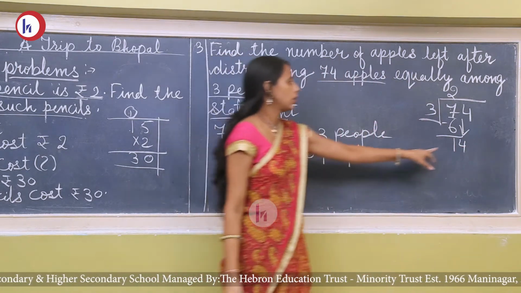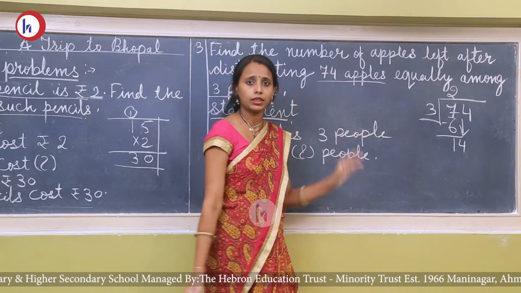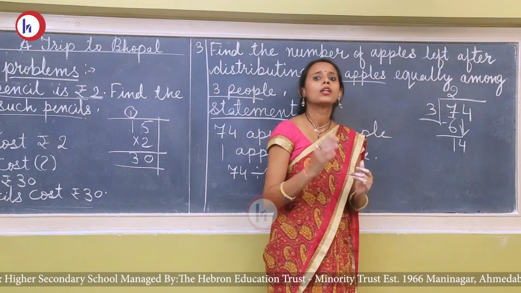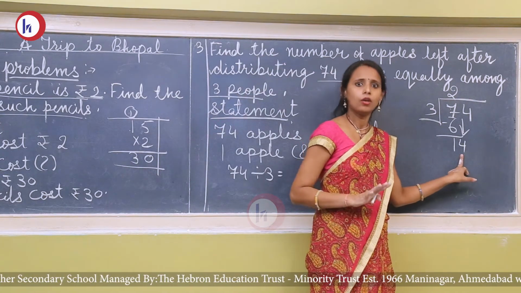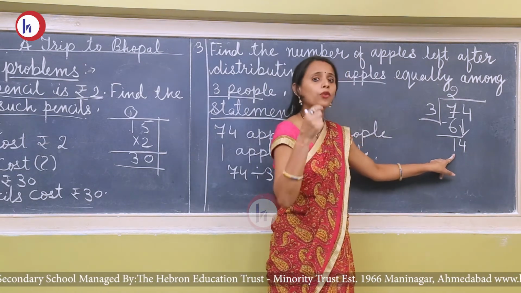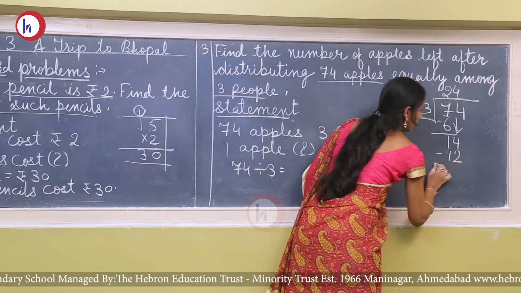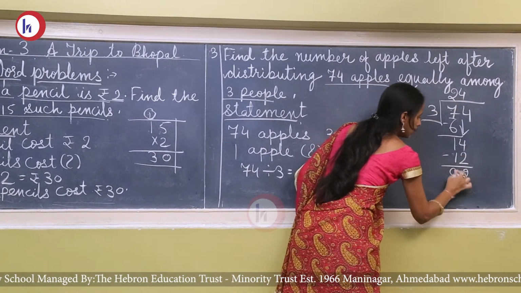Here 14 is here. So take the table of 3. 3 1s are 3. 3 2s are 6. 3 3s are 9. 3 4s are 12. And 3 5s are 15. So 15 is greater than 14. So we can't take it. So we have to go back to 3 4s are 12. 4 minus 2 is 2 and 1 minus 1 is 0.